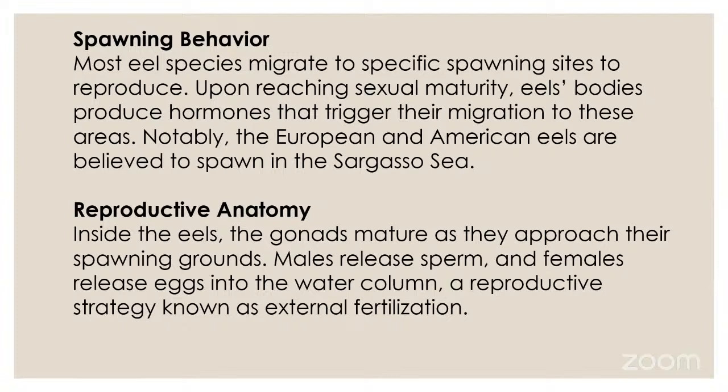Now, reproductive anatomy. Inside the eels, the gonads mature as they approach their spawning grounds. Just now we were discussing the changes that occur in their body during migration. During their migration, they stop feeding, their eyes become wide open, the skin color changes, and they respire through skin.